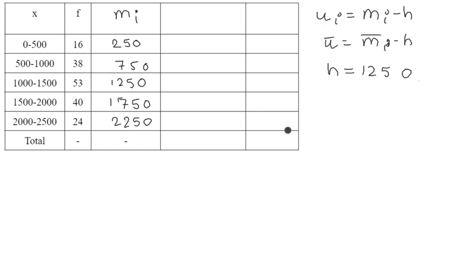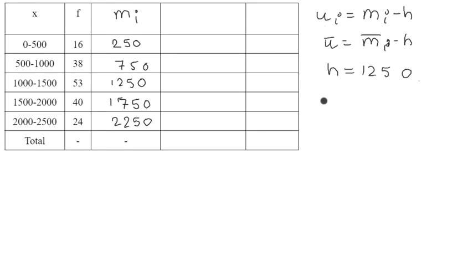We want to take a middle value because we want to minimize the calculation. Selecting the middle value results in more reduction of calculations. And if there is no middle value, then take any one of the middle two numbers. So here I am going to take h equal to 1250.